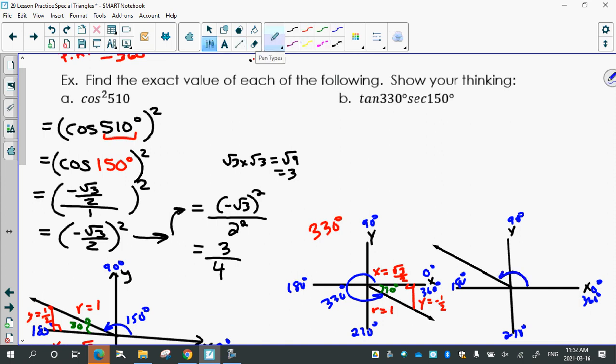So this is 150. Again, it's a 30-degree triangle. There'd only be 30 degrees left to go to 180. Our result is 1.